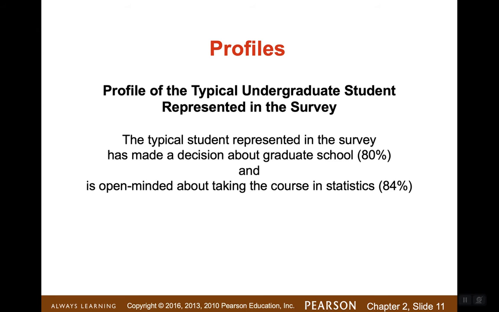All right, so we're going to take a look at one of our cases: the profile of an undergraduate student represented in the survey. The student has made a decision about graduate school and is open-minded about taking a course in statistics.